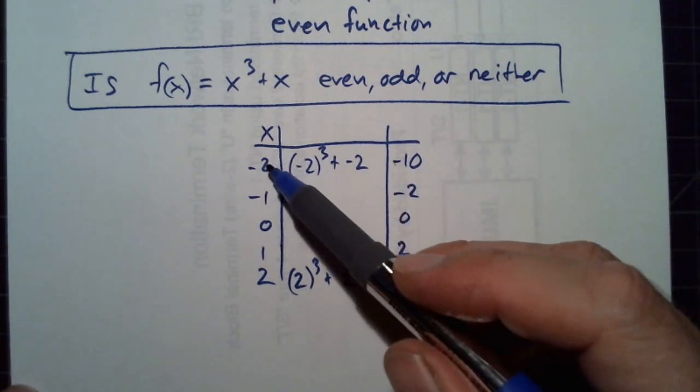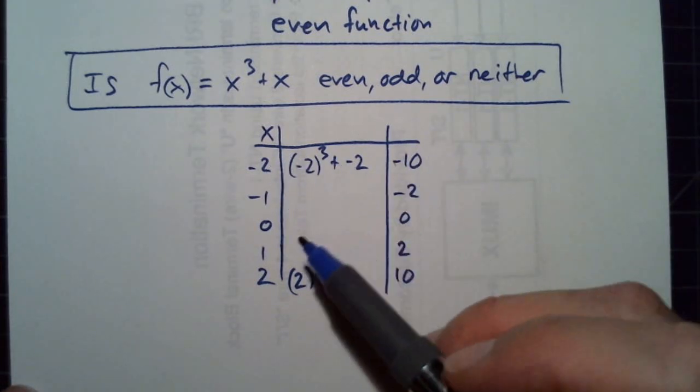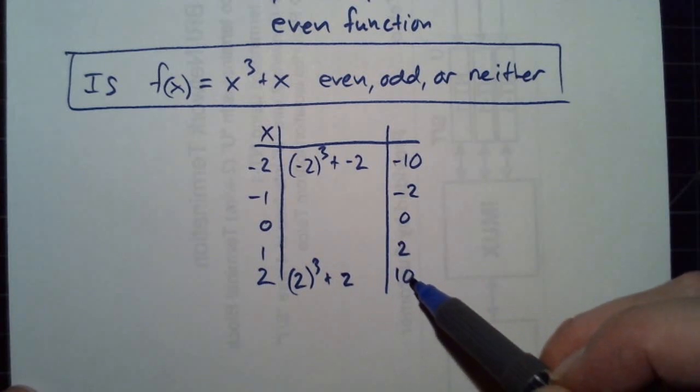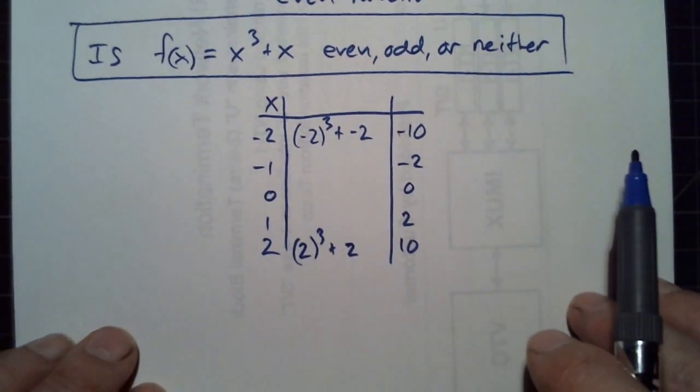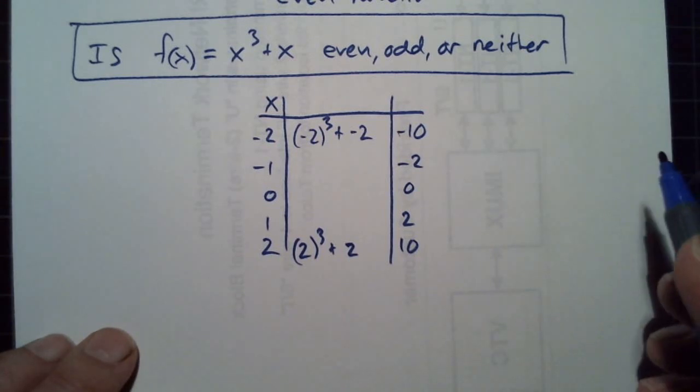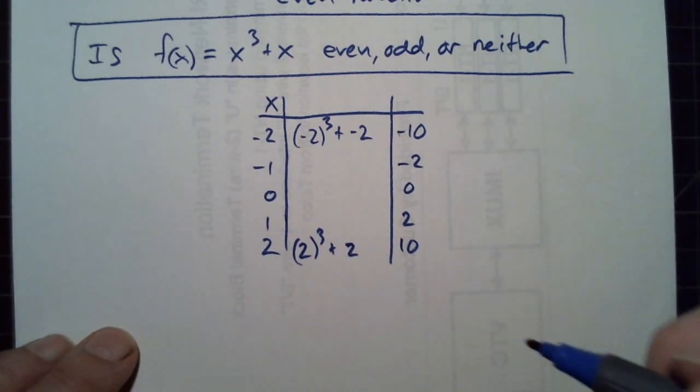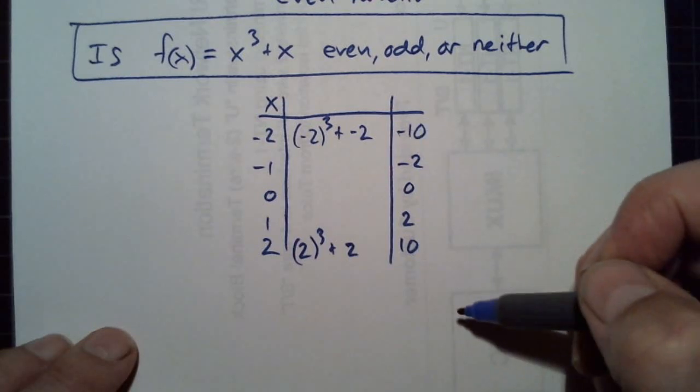We have -x, -y, +x, +y. Both x and y are changing, so that means it's symmetry to the origin, and here it'll be called an odd function.